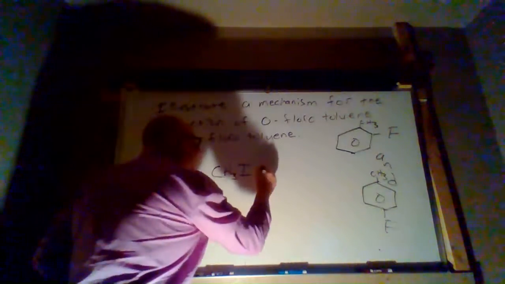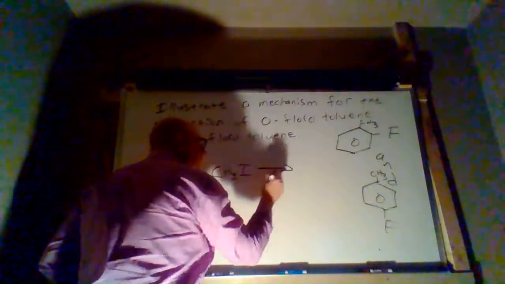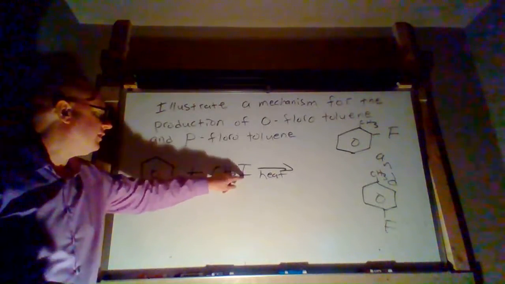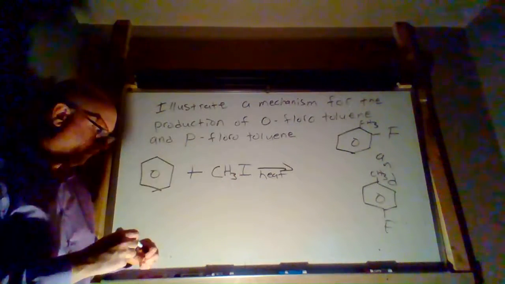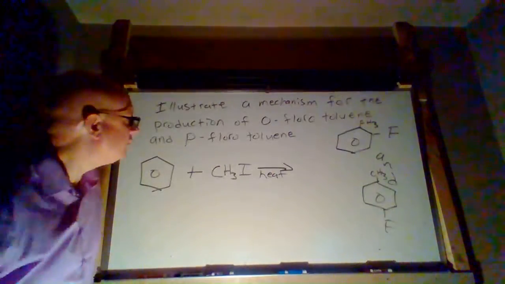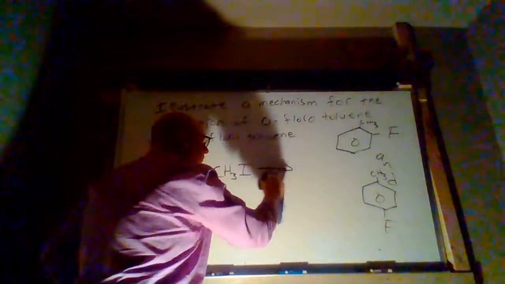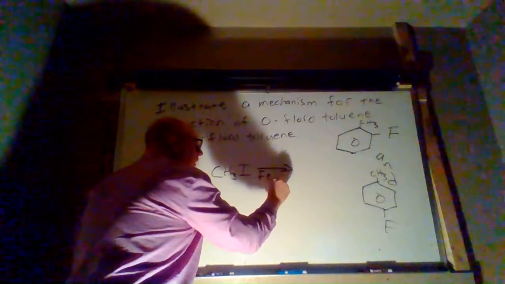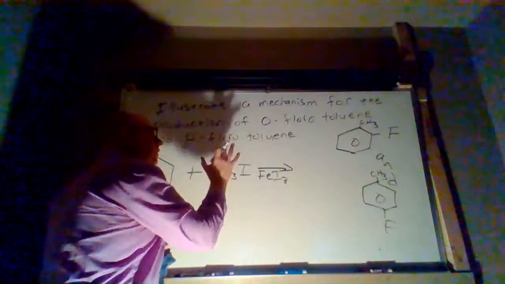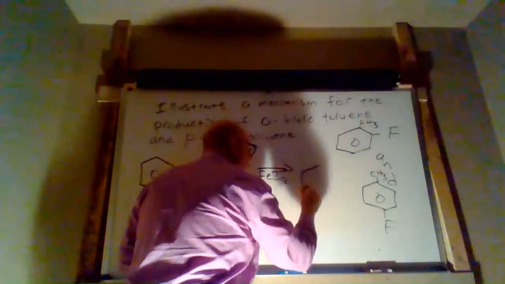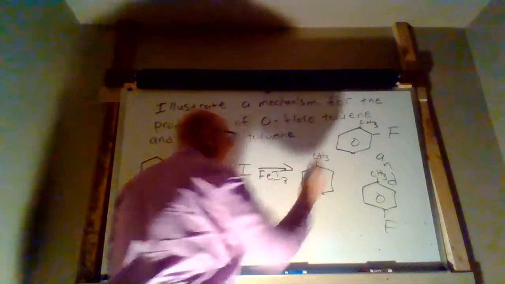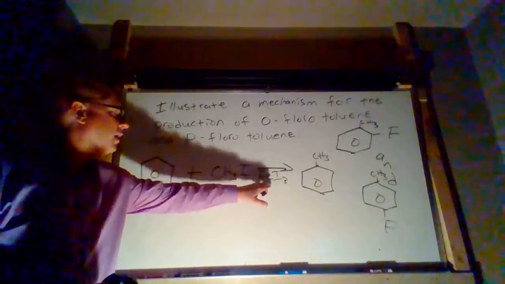So remember, as you're reacting this, don't do this, because if you do that, after you get this on, this isn't going to attach the way we want it to. So it's not heat. We're going to use FeI. Now what we see happening, now we've got our alkyl group on there because of this metal catalyst.